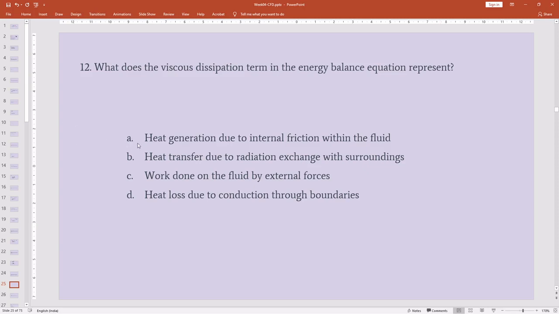Options are: first one, heat generation due to internal friction within the fluid. Option B, heat transfer due to radiation exchange with surroundings. Option C, work done on the fluid by external forces. Option D, heat loss due to conduction through boundaries. You can inbox your answers.